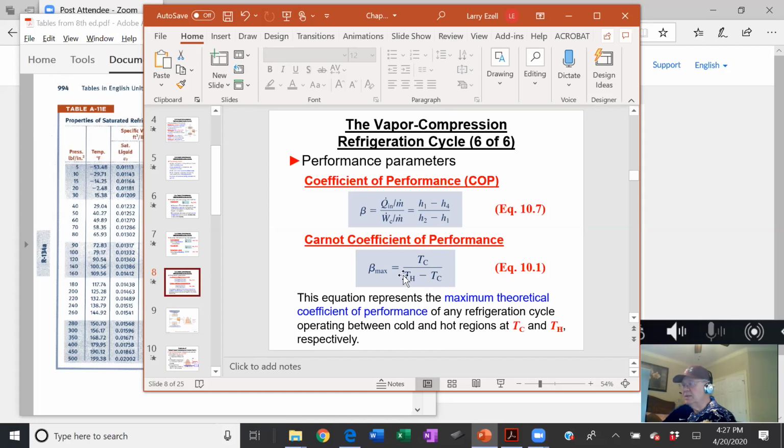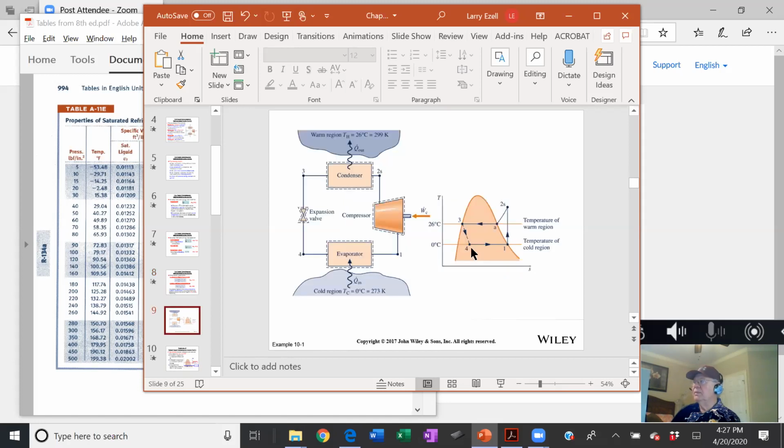The difference can be in degrees C, degrees F, or whatever you need. As we know, the Carnot coefficient of performance, or beta max, represents the best you can do between the two temperatures. And as you guys know by now, real systems very seldom get anywhere close to the theoretical maximum.